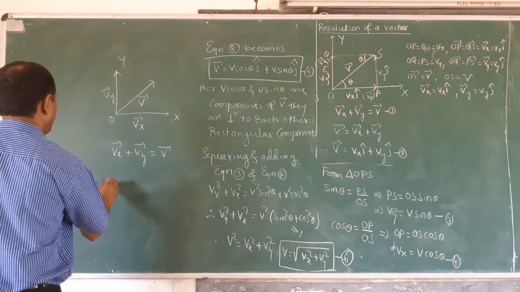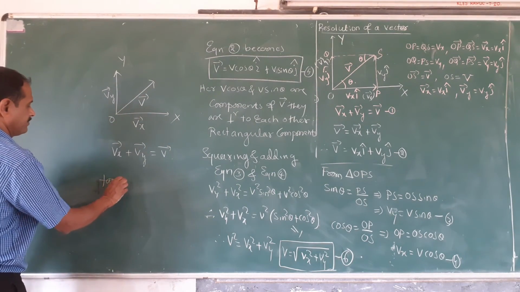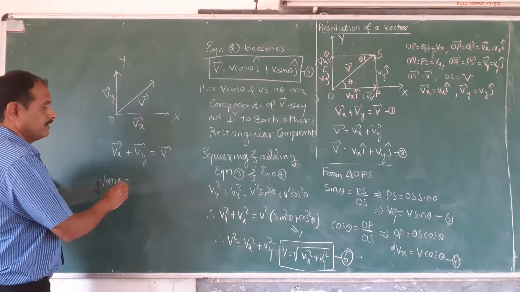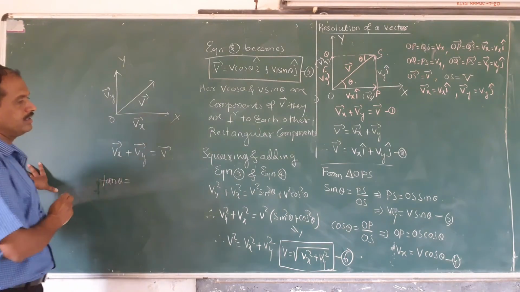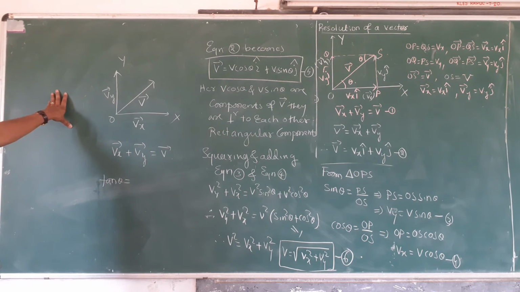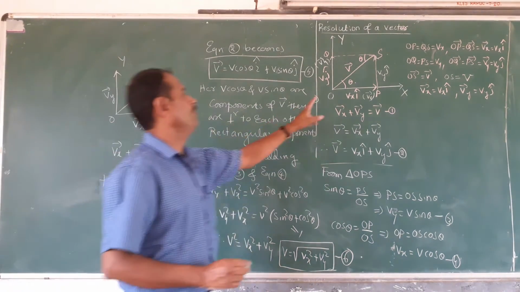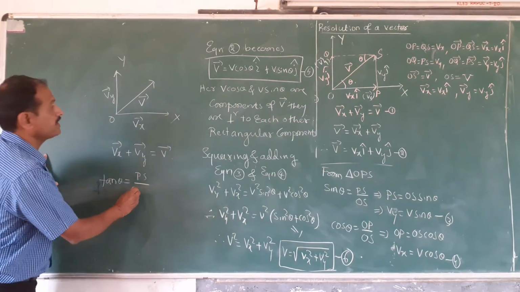Then tan theta is equal to PS divided by OP, opposite side divided by adjacent side.